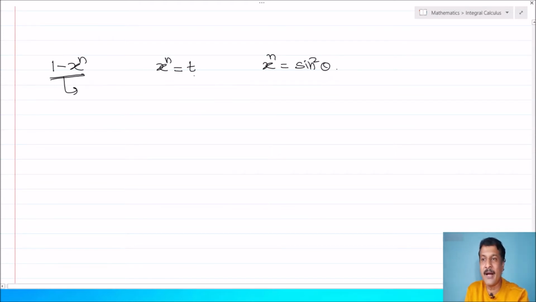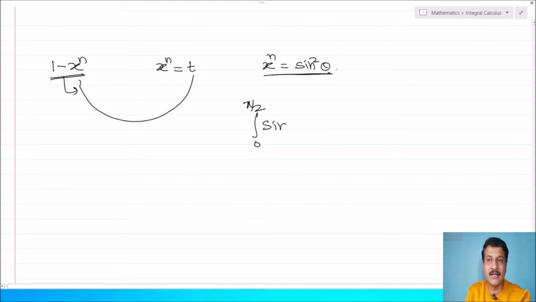And here if I am going to put t, I will get 1 minus t and I can use the beta function directly. But if I am using this one, which formula or relation do I have to use here? Here you have to use the property of beta and gamma function, that is the integral of sine theta raised to p cos theta raised to q d theta, where integration 0 to pi by 2, and that is nothing but 1 by 2 beta of (p plus 1) by 2, (q plus 1) by 2.